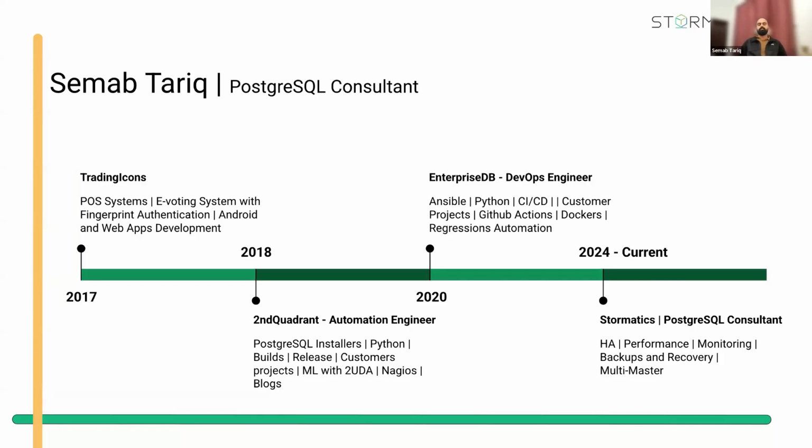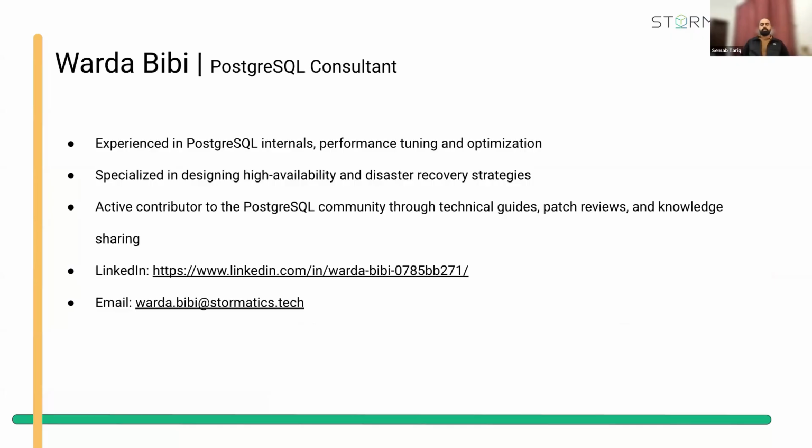And then I moved to Enterprise DB, where I pursued my career as a DevOps engineer at Stack and Quadrant at Enterprise DB. I was again working on some sort of builds, some tools that are provided by EDB to manage their release cycles. I joined Stormatics in 24 as a Postgres consultant, and our focus areas at Stormatics are high availability, disaster recovery, performance optimization, and of course, security and migrations as well. So yeah, Warda, over to you, please.